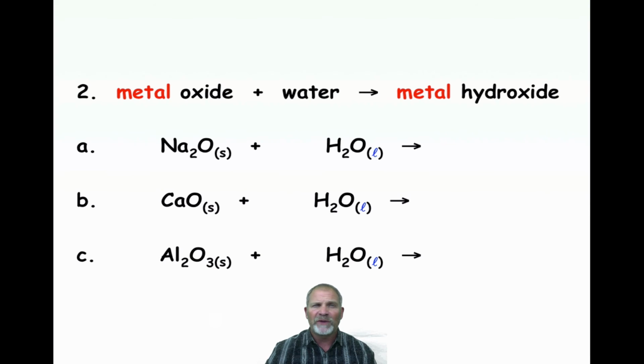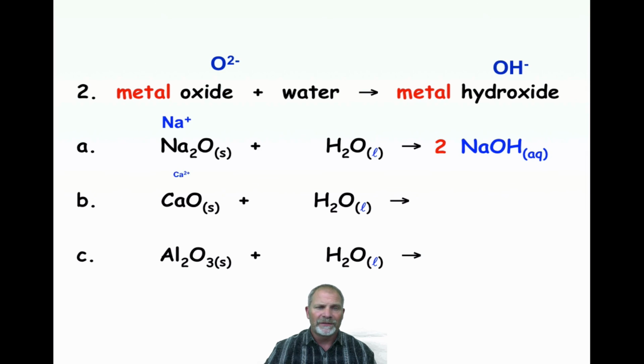Right now, once you recognize a metal oxide and water's present, leave your water alone. In this reaction, it's unique. You're just focusing on the actual metal. The metal is going to leave the oxide, which is a 2 minus, and join up with the hydroxide, which is OH minus. And so all I have to know to form my product is the charge of my metal. Well, sodium's a plus 1, so it comes together with hydroxide in a 1-to-1 ratio.